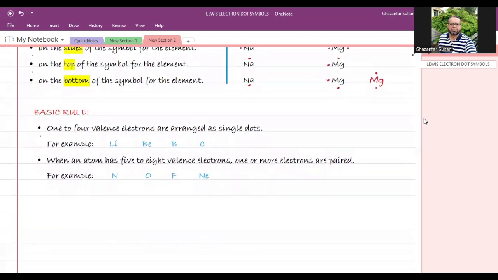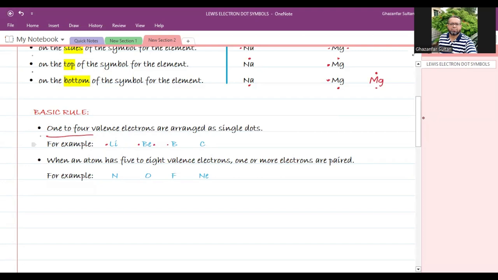These are the two basic rules. If 1 to 4 valence electrons are there, for example, in lithium, one valence electron, so you can draw the dot on either side, top or bottom. If there are two electrons, then you can draw the dots on either sides, top or bottom, whatever.